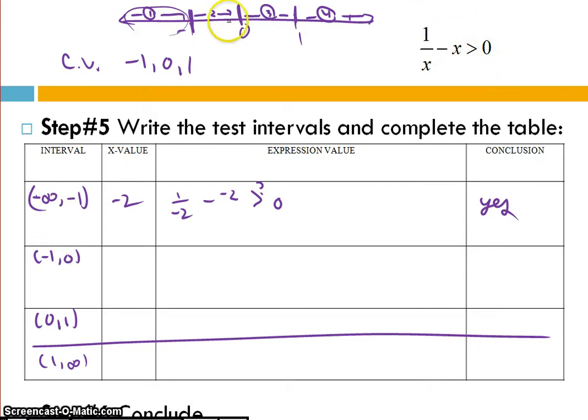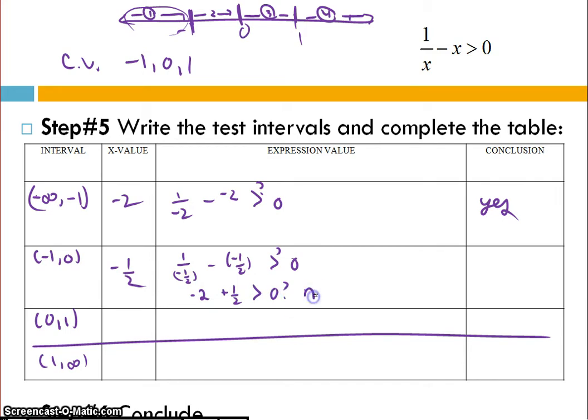For a number between minus 1 and 0, you can never use the endpoints, so I'm going to use minus 1/2, and I'm going to use fractions because they're easier for me to deal with this division. So I have 1 over minus 1/2 minus a negative 1/2. Is that number bigger than 0? So 1 divided by minus 1/2 is negative 2, plus 1/2. Is that bigger than 0? No.